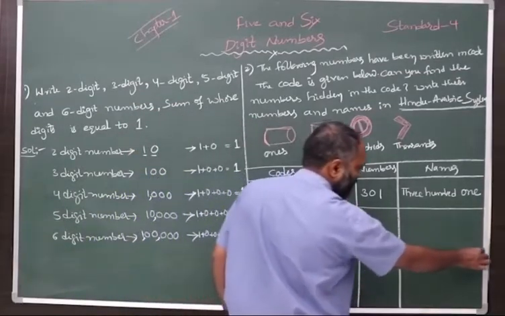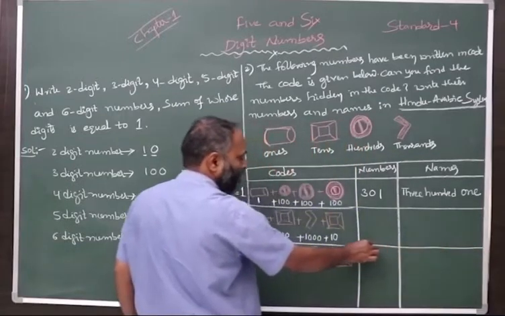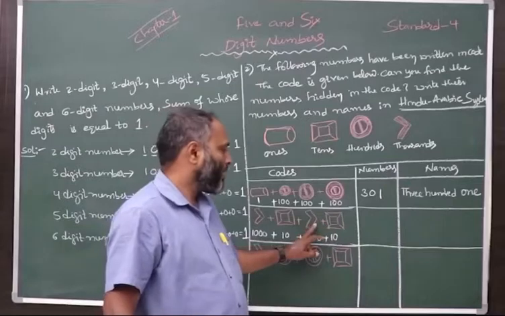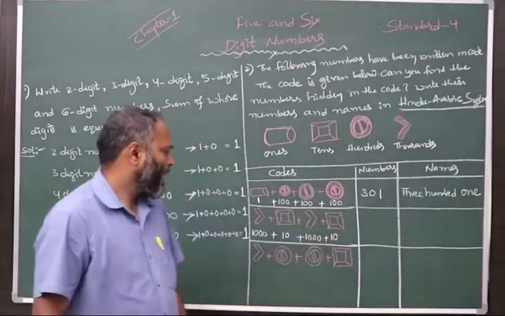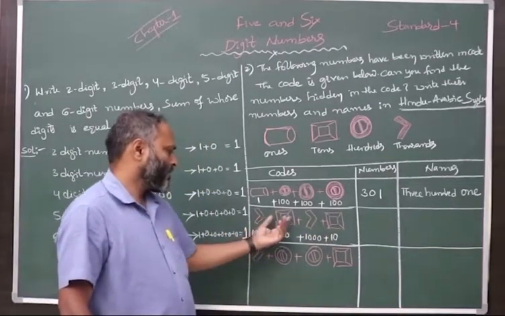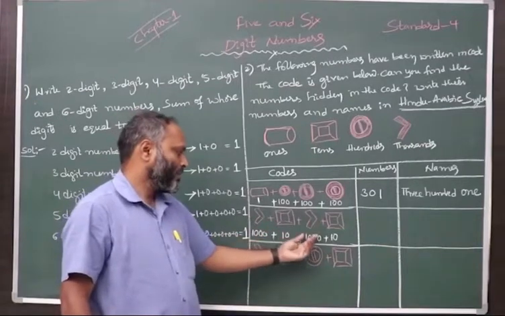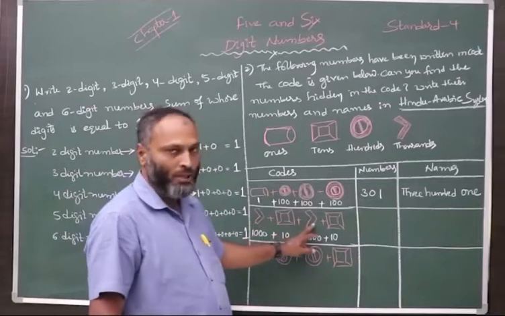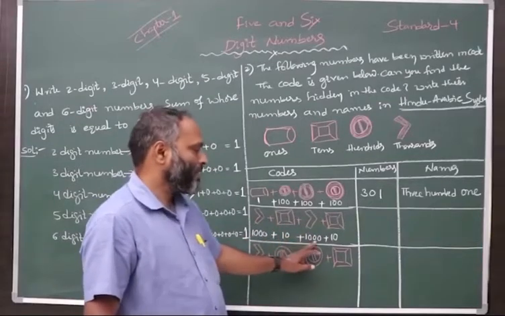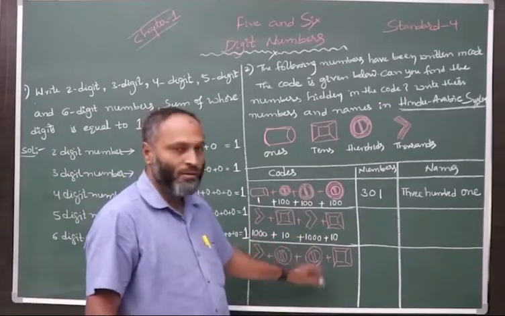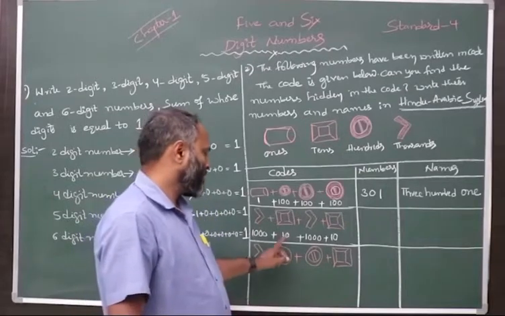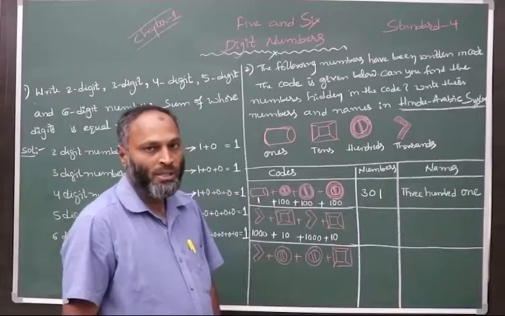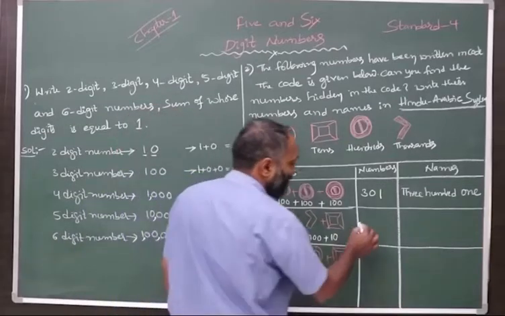Then arrow, square, arrow and square. Arrow means 1000, square means 10, arrow means 1000, square means 10. Here 2 arrows are given, means 2 thousands. 1000 plus 1000, 2000, 10 plus 10, 20. It means 2020.